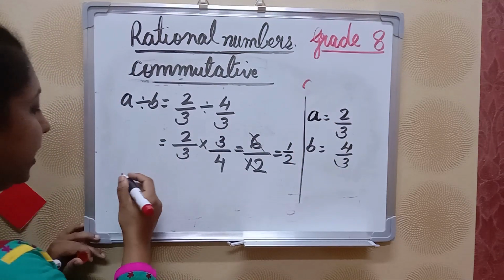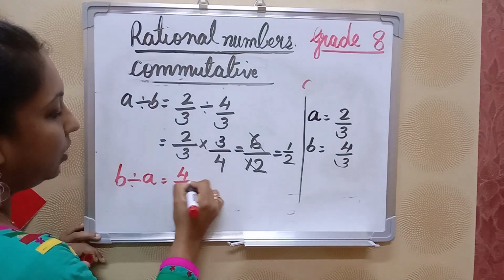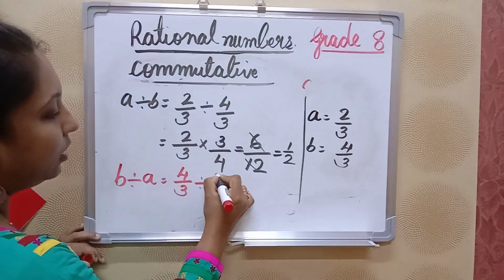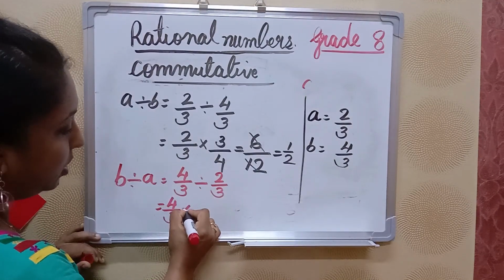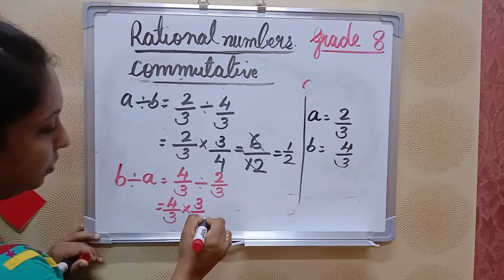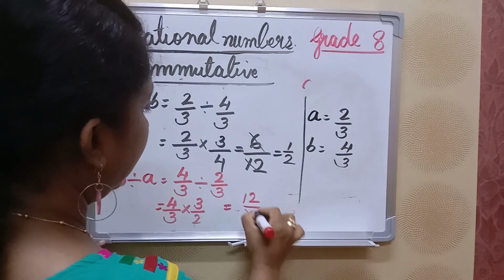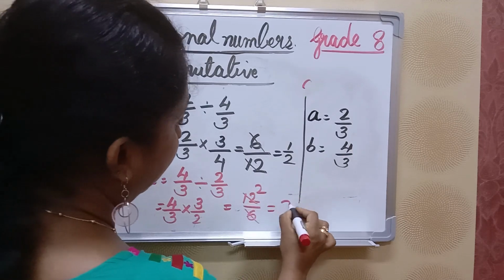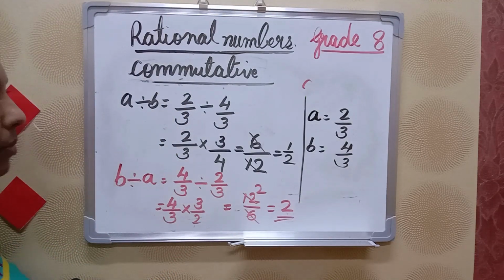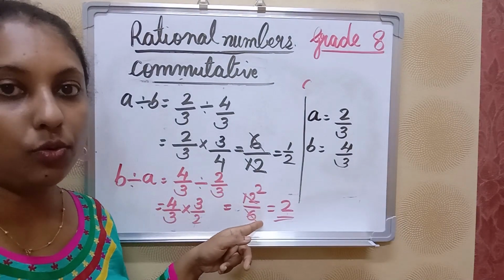Then B divided by A. 4 by 3 divided by 2 by 3. 4 by 3 into 3 by 2. It is equal to 12 by 6, which is 2. So A divided by B is 1 by 2 and B divided by A is 2.